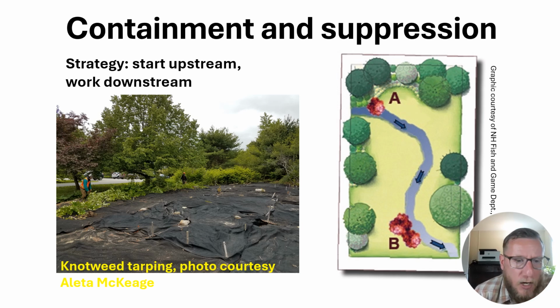But what you really want to do is monitor these edges, because what will happen with some of these rhizomatous plants is when they're suppressed like that, they know they're in trouble, and they'll actually expand their range. So we will see some sprouting, and it's expanding its footprint on the outskirts of that tarp. So it's really important, again, to monitor these sites and then just basically cut those above ground shoots as soon as you see them.